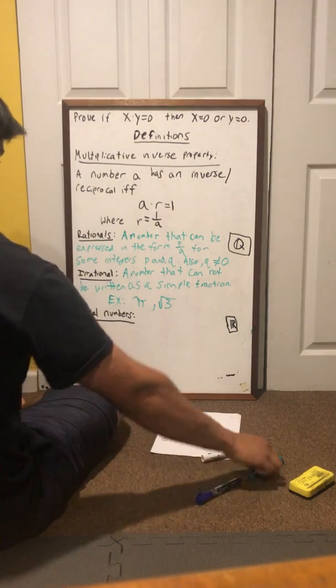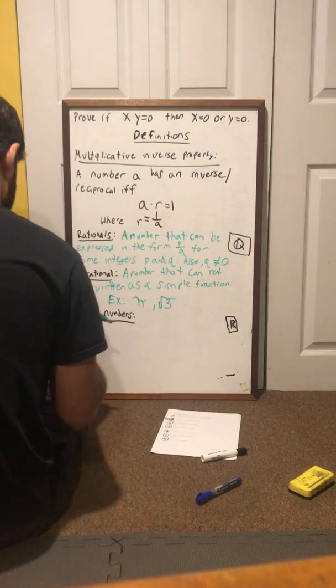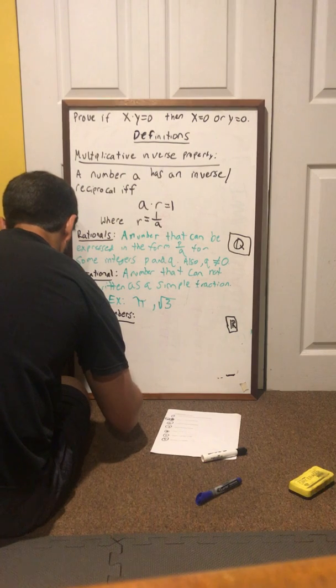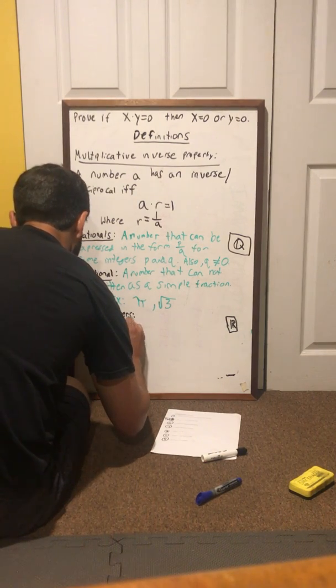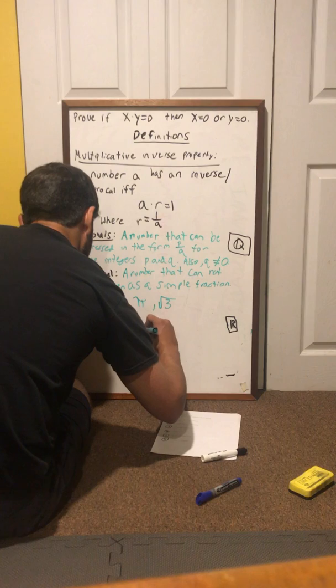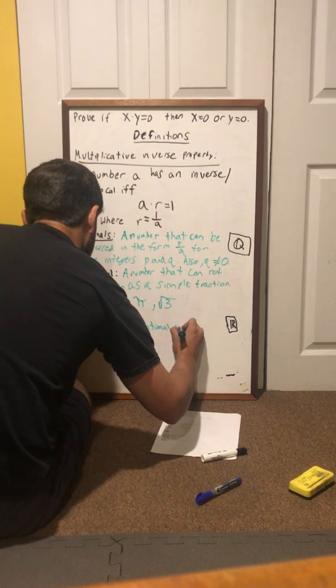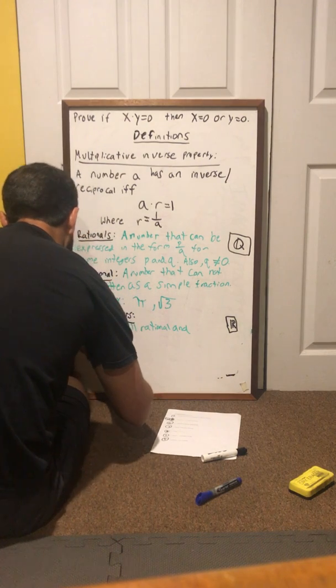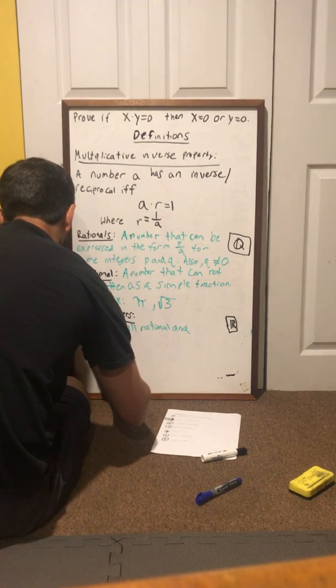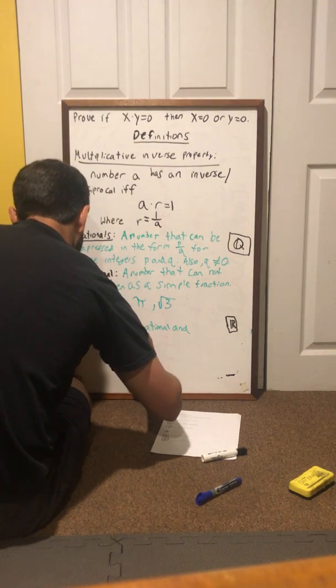So, real numbers are the set of all rational and irrational numbers.